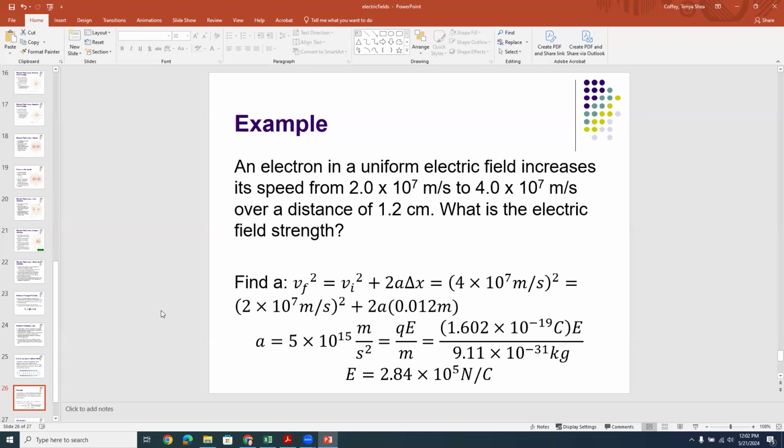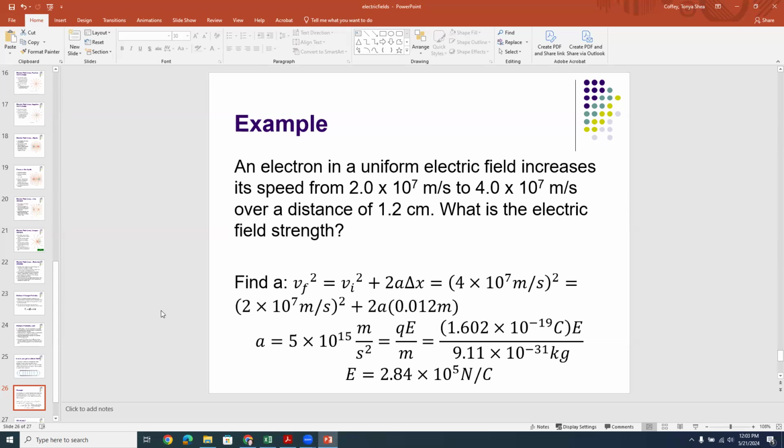So plugging in for q and m and setting qE over m equal to a, we can solve for E. E would be equal to 5 times 10 to the 15th meters per second squared times 9.11 times 10 to the minus 31 kilograms, divided by 1.602 times 10 to the minus 19 coulombs, okay? And that gives us 2.84 times 10 to the 5th newtons per coulomb. So that is our electric field, okay? That gives us our electric field strength.